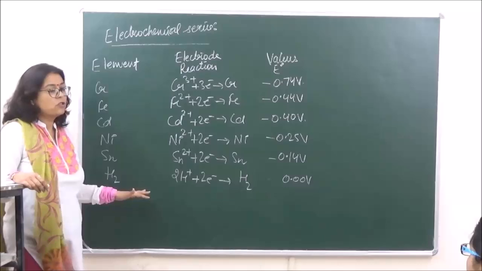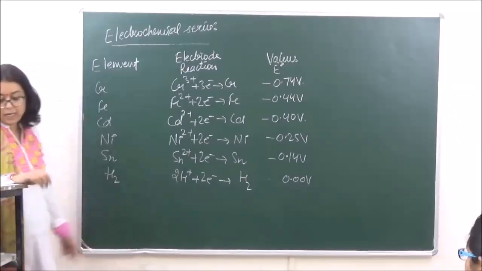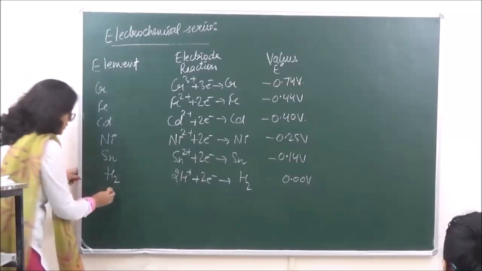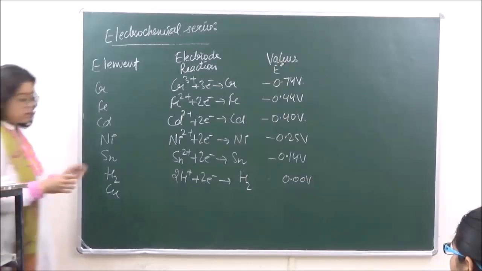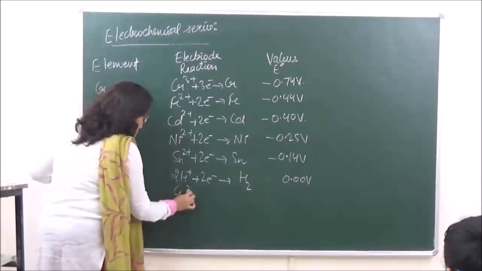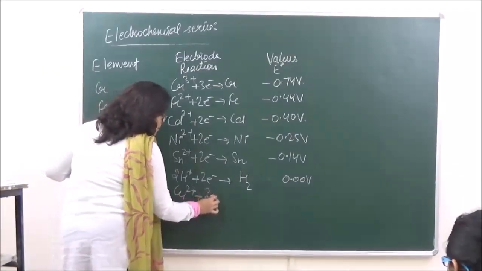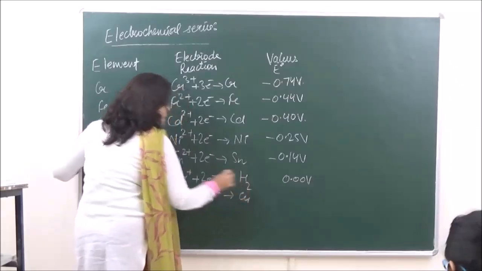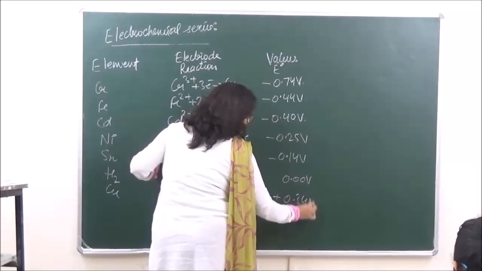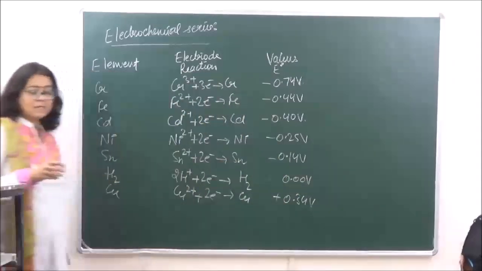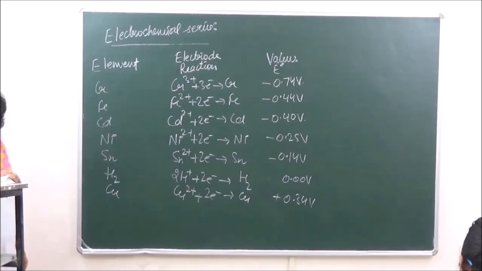After hydrogen, the positive values of reduction potentials begin. After hydrogen is copper. You will also see a change in signs. Over here the value is plus 0.34 volts.